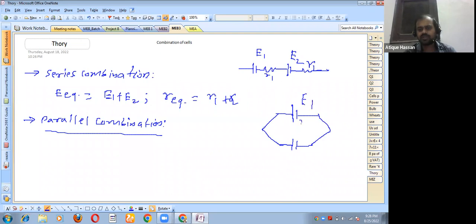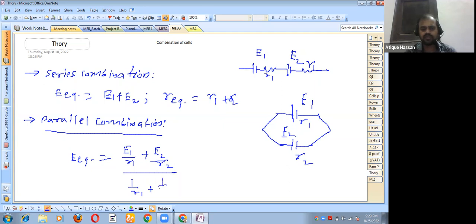For such cases, equivalent EMF is given by E1 by R1 plus E2 by R2 divided by 1 by R1 plus 1 by R2. This is the simplest formula which we can remember.